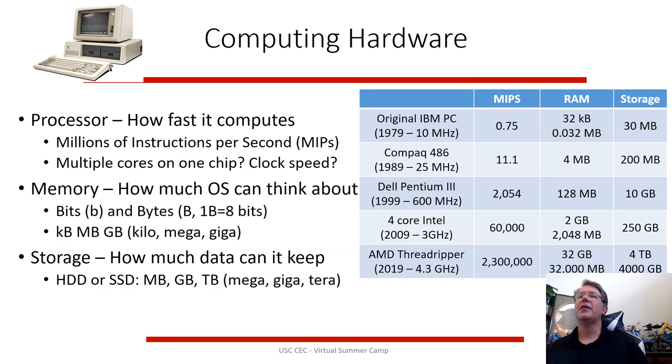About every 10 years, over the last 40 years, we've grown. In 10 years, we went from 0.7 MIPS to 11, and then we keep growing by crazy factors. The random access memory, how much memory it has access to, has grown from 0.03 megabytes to thousands of megabytes potentially over the years.